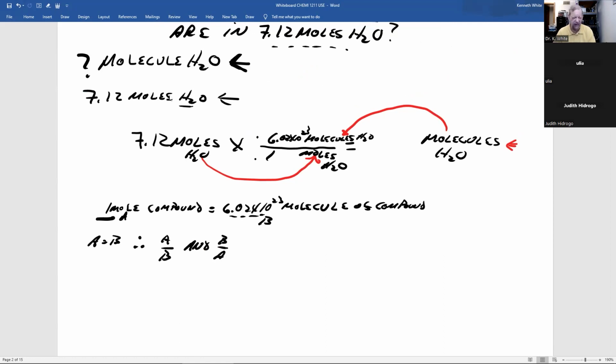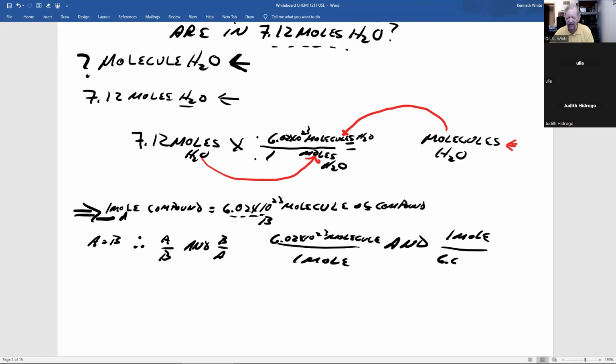Because from this equation, we can have 2 ratios. 6.02 times 10 to the 23rd molecules per 1 mole, and we don't need the second one, but I'll still write it: 1 mole per 6.02 times 10 to the 23rd molecules.